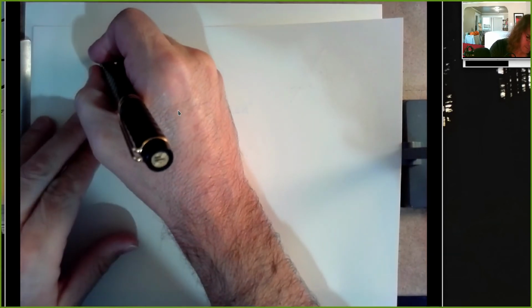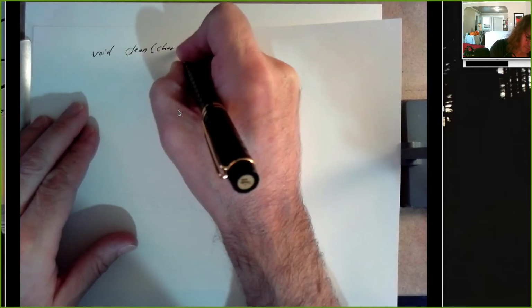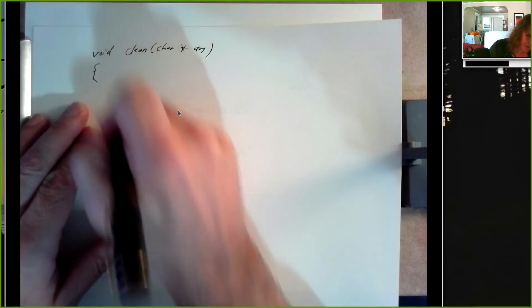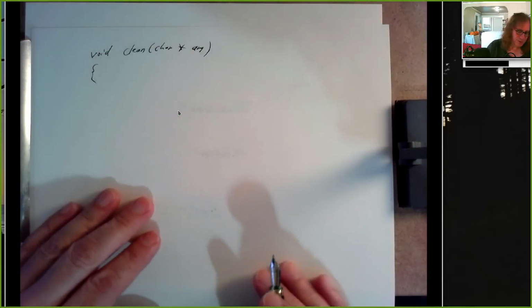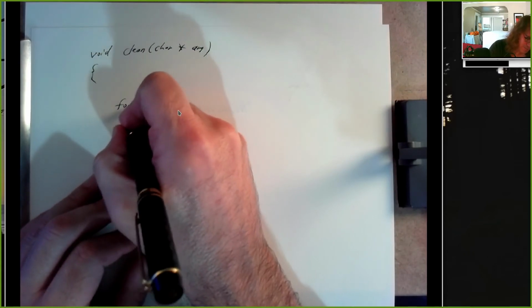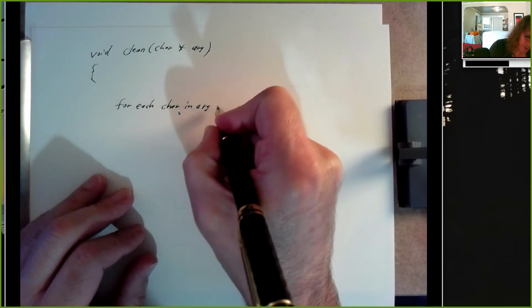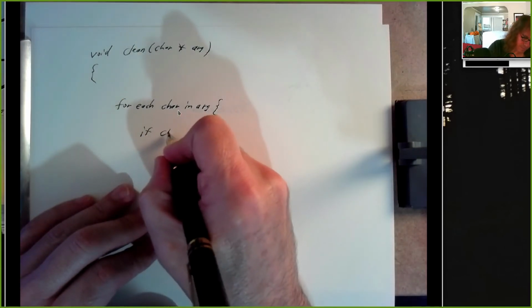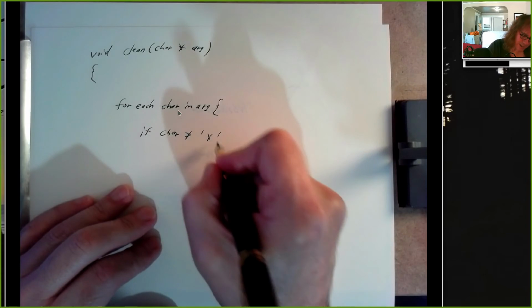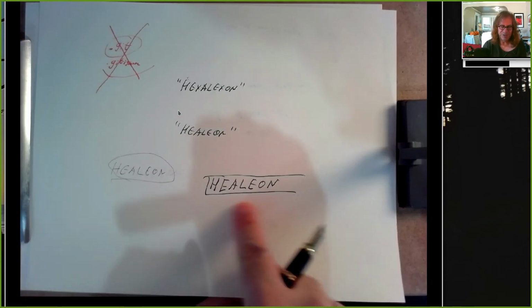So let's sketch this out a little bit. I'll just call my argument arg, for argument. So what do we do basically for each character in our argument? If the character is not the letter X, copy to some sort of output area.